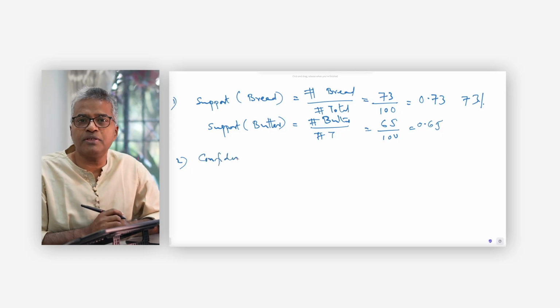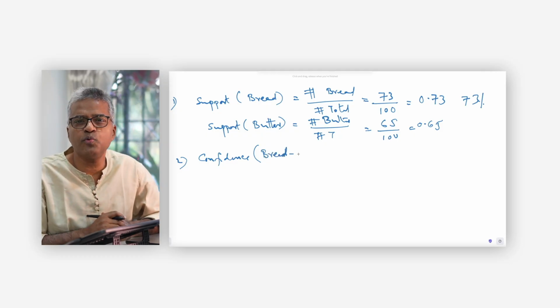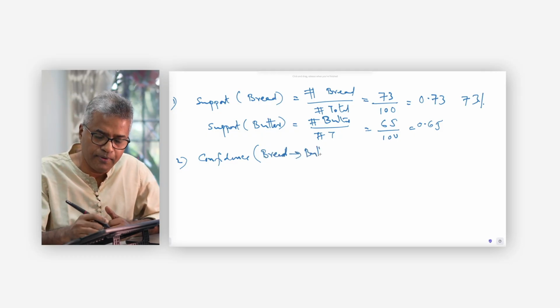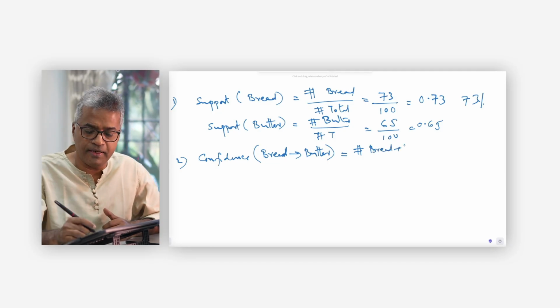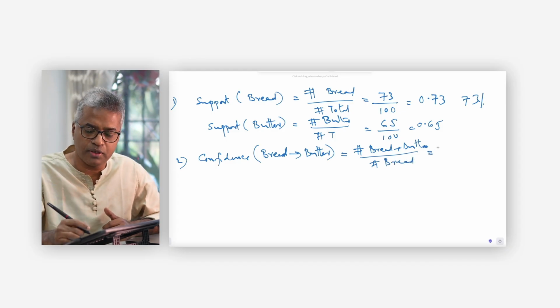Then the second measure is called the confidence. This involves two items. What is the confidence of bread influencing the purchase of butter? This is defined as the total number of baskets with bread plus butter divided by the total number of baskets with bread.